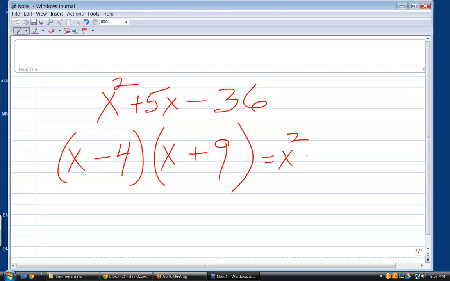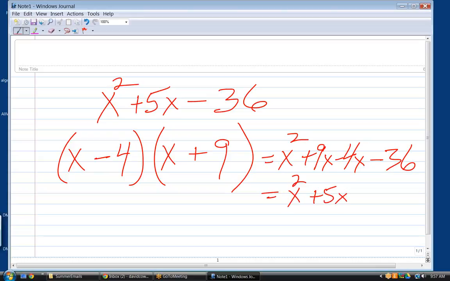X times plus 9 is plus 9x. X times minus 4 is minus 4x. And minus 4 times plus 9, that last step is minus 36. Well, that works. When I simplify it, x squared plus 5x minus 36. That's what I started with. So I did it correctly.